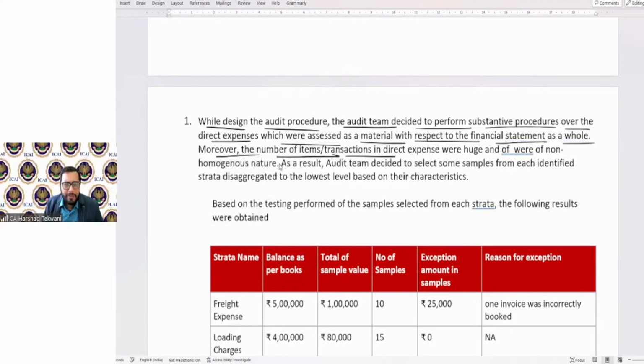Moreover, the number of transactions in the direct expenses was huge and of non-homogeneous nature, meaning they were not similar. As a result, the audit team decided to select samples from each identified stratum, disaggregated to the lowest level based on their characteristics.